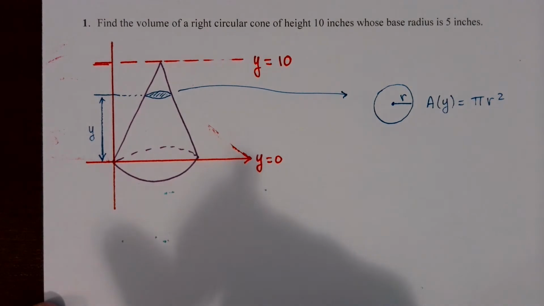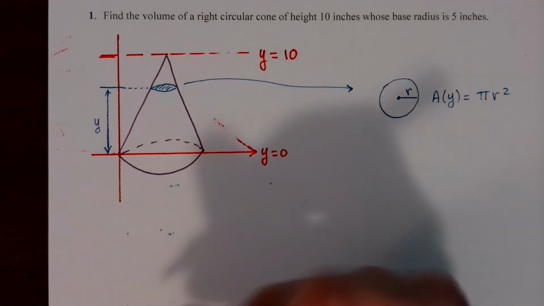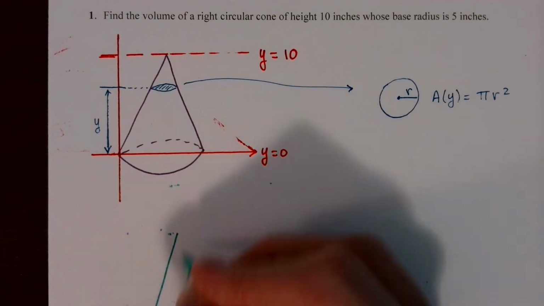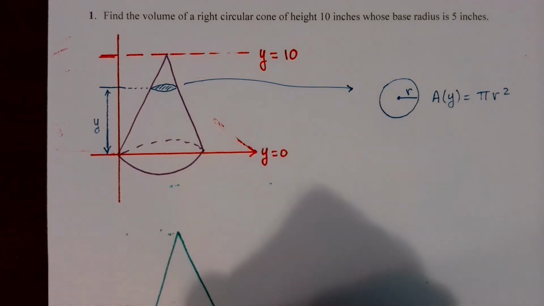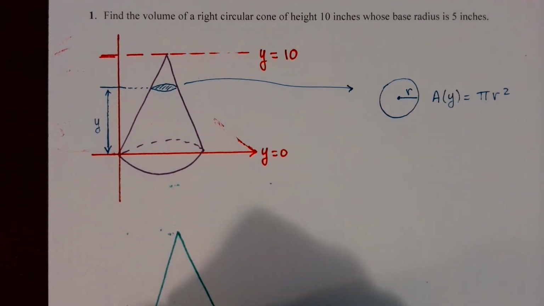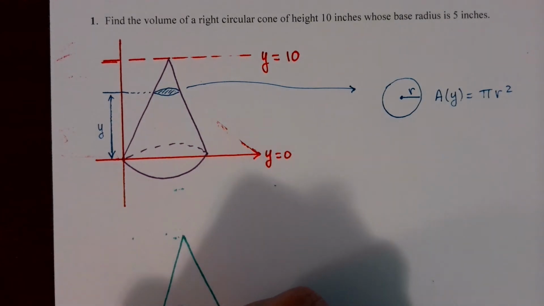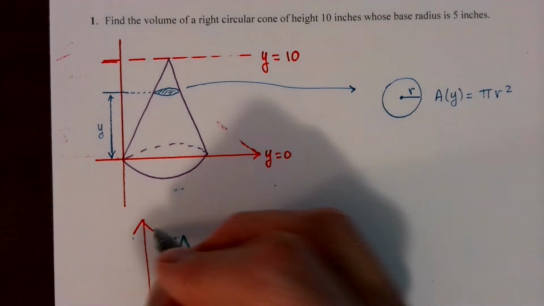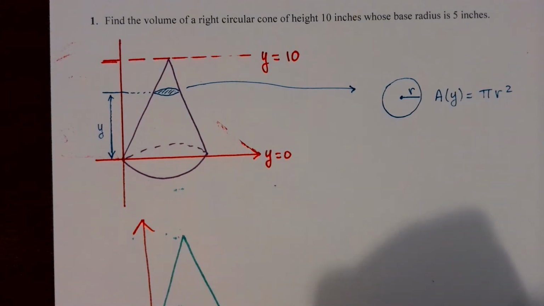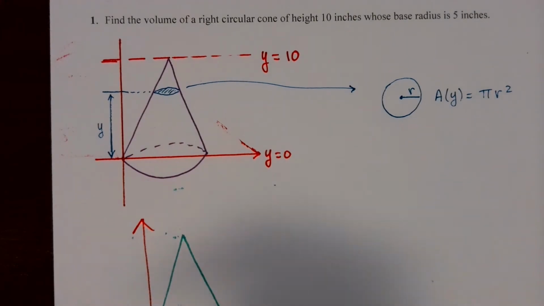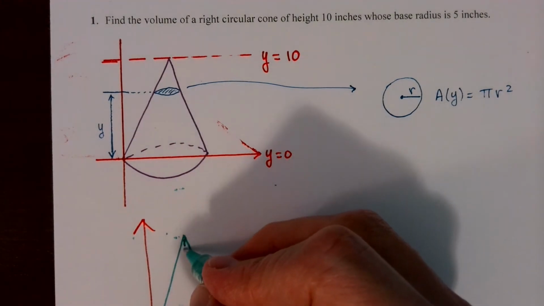cone vertically. And what will we see? We will see a triangle, won't we? And again, let's put the x-axis here, and here's our y-axis. Okay, and what do we know about this?